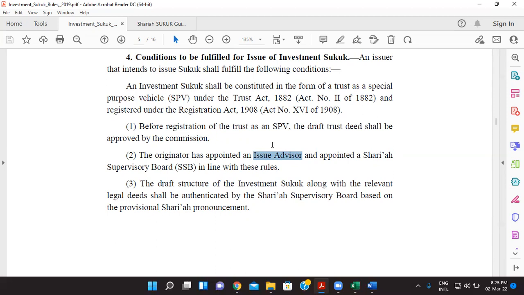Have you taken this course, investment banking, or the financial markets and institutions? Have you taken any of these courses? Yes, sir. FMI, actually. Yeah, in that particular course, you are supposed to learn about the issue advising task or the investment bank function, whose primary function is to advise the issue.